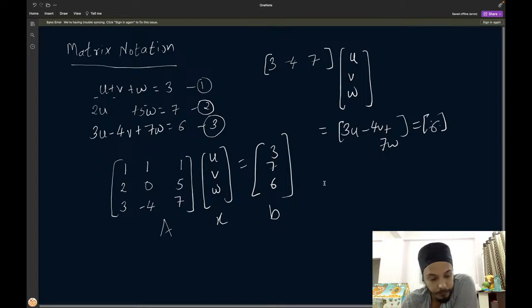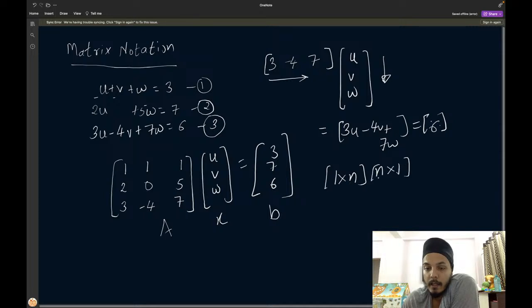Now we see that the row multiplication with a column will give us an inner product. So product of the matrix 1 cross n, that is 1 row and n columns, multiplied with n cross 1, that is n rows and 1 column, will give us a 1 cross 1 matrix.